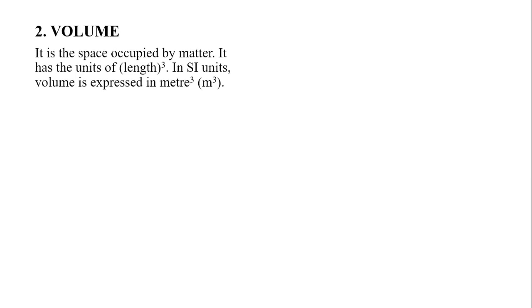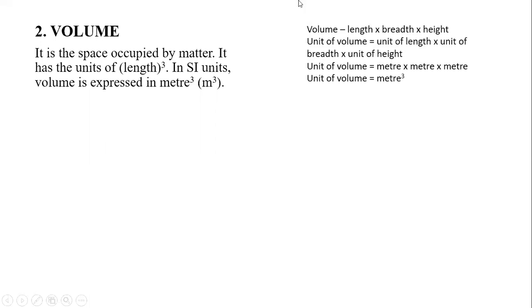Volume is the space occupied by matter and its unit is length cube. In the SI system, it is meter cube. We know volume is equal to length multiplied by breadth multiplied by height. So the unit of volume will be the unit of length multiplied by the unit of breadth multiplied by the unit of height.